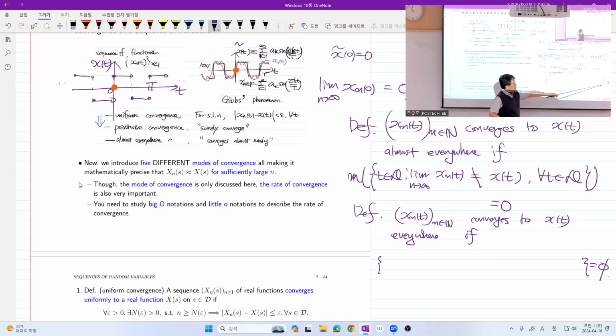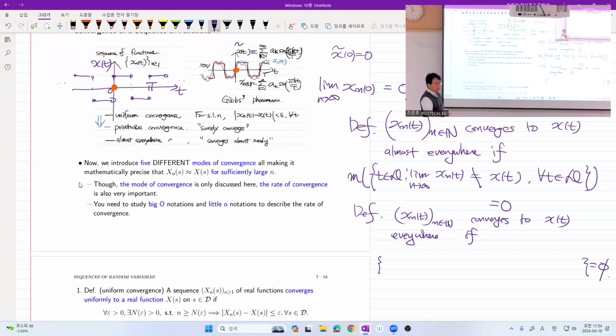If this is an empty set, so they are not different, then it converges everywhere. In the other case, the set may be non-empty, but its size is 0. When it is measured by a measure of the set, it is 0, then we say they are equal almost everywhere. Got it? So this very famous Fourier series of the right continuous square wave is a good example of almost everywhere convergence. Got it?